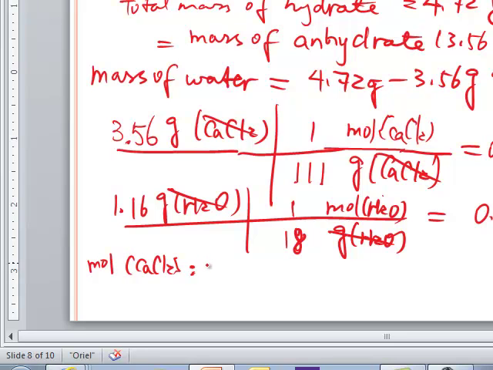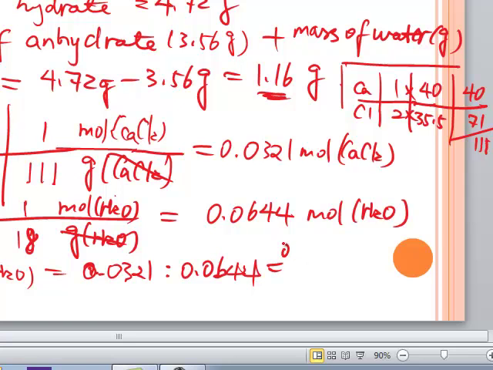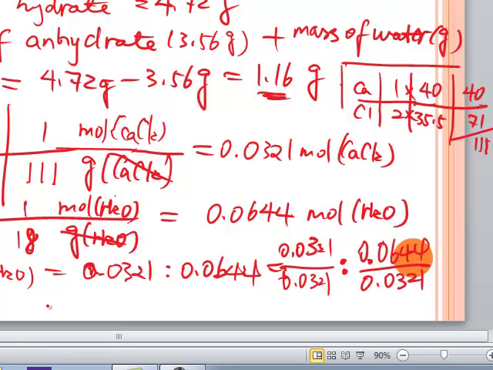CaCl2 to H2O. You're going to have, copy the number, 0.0321 over 0.0644. Take the smallest number and divide each one by 0.0321. 0.0321 divided by 0.0321, that will be the ratio, 0.0644 divided by 0.0321, and now you can simplify that.